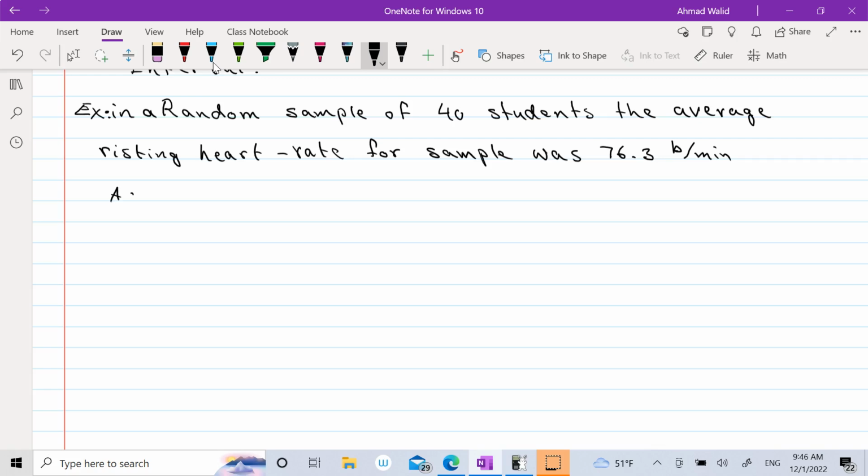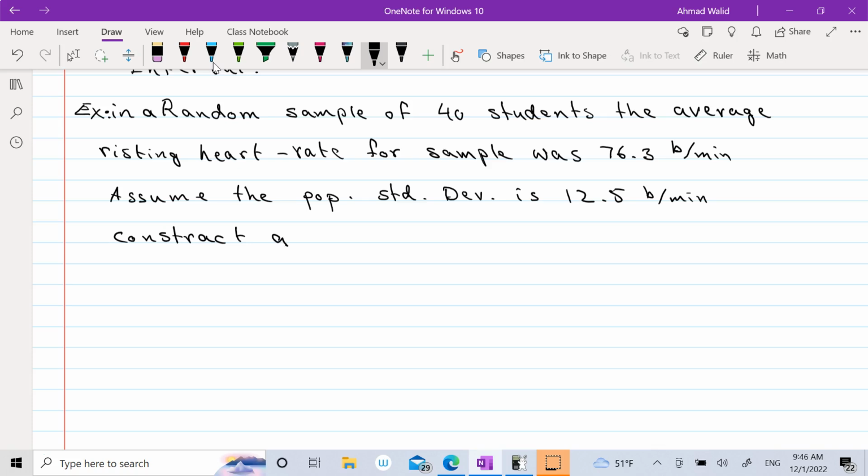Assume the population standard deviation is 12.5 beats per minute. Construct a 90% confidence interval.